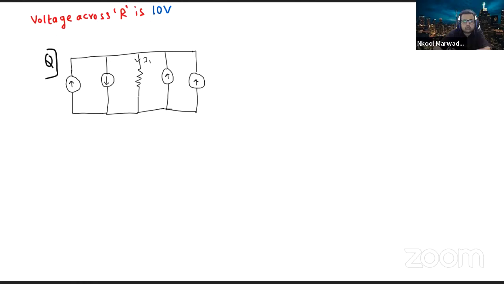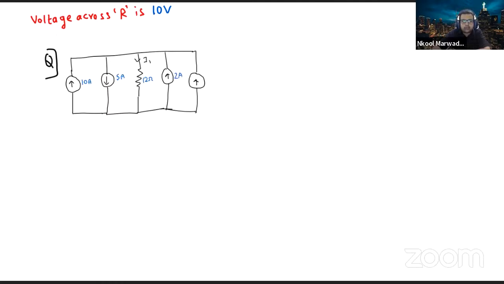Ten ampere, 5 ampere, 12 ohm resistance, 2 ampere, 4 ampere.